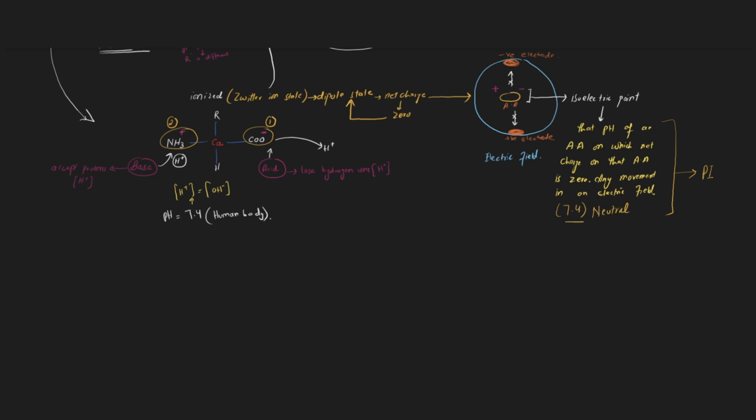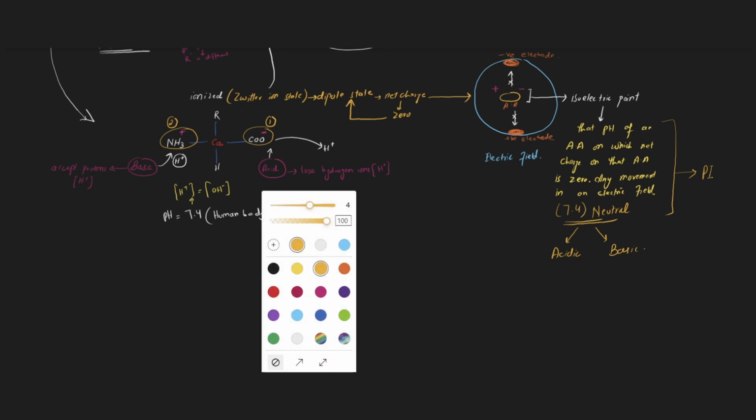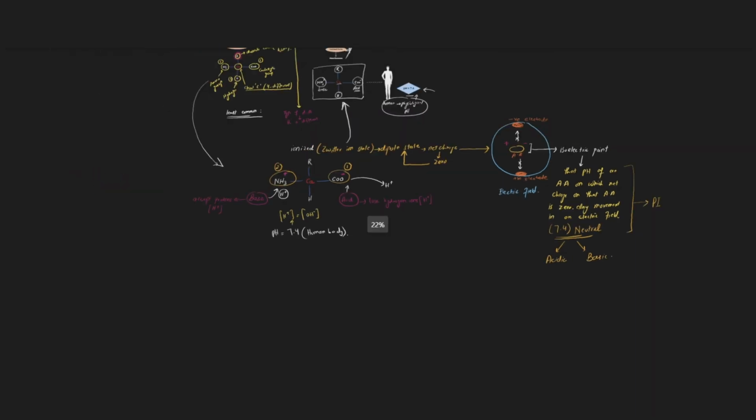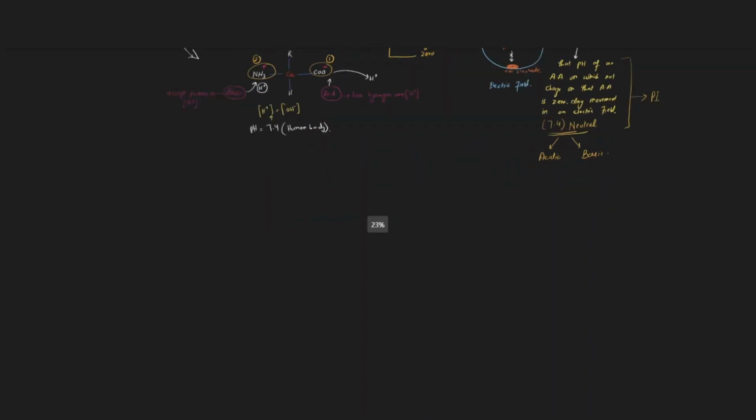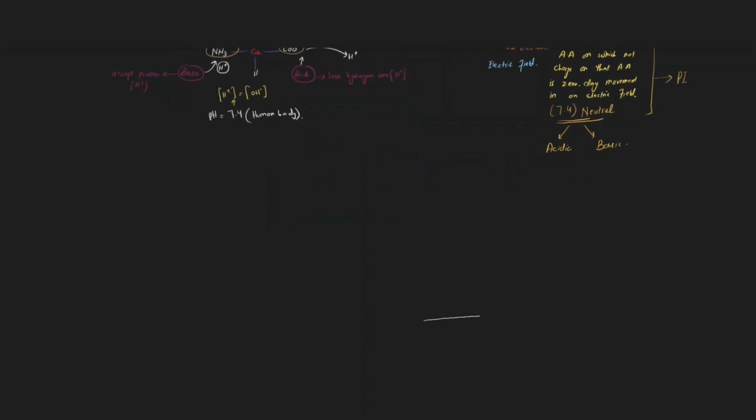Now let's discuss the same condition of the amino acid but at different pH values. You know that the two other pH conditions that can happen are that we can have the acidic pH of the medium and we can have the basic pH of the medium. So for this, let's draw a pH scale here. There is a center point, pH of 7, that is considered to be neutral, and around this, 7.3 and 7.4 is the physiological pH of the human body.